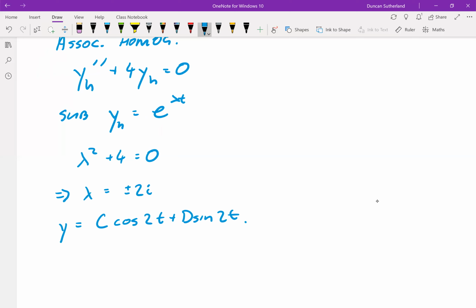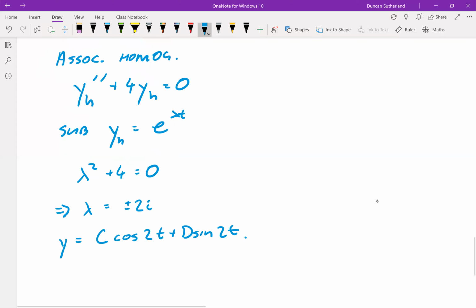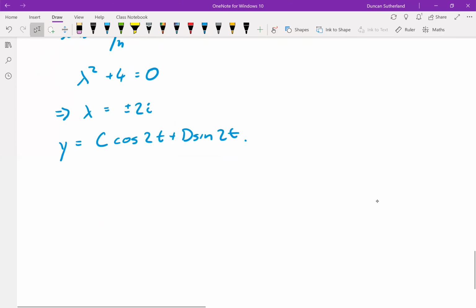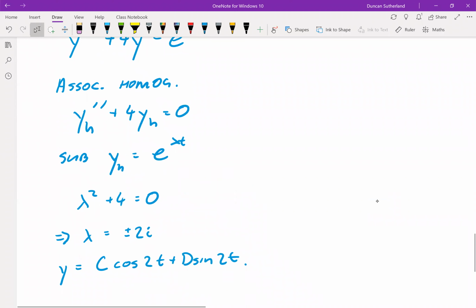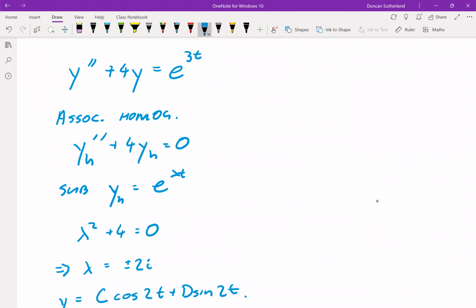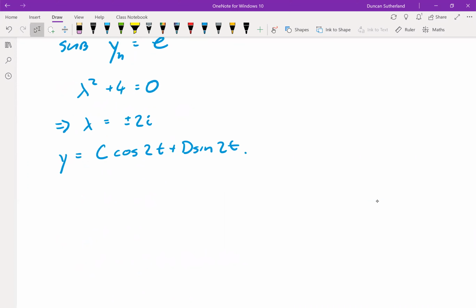What we've got to do now is deal with the particular part. So that particular part is this e to the 3t. What we suppose when we're solving these equations is we always guess that y is the sum of the homogeneous part plus some particular part.